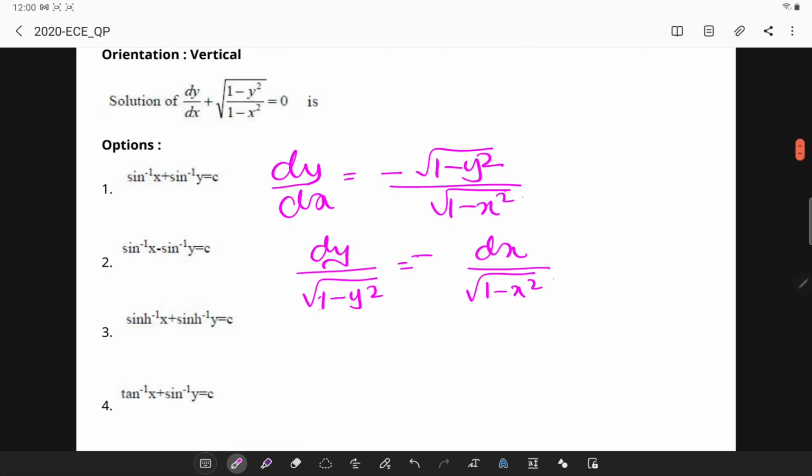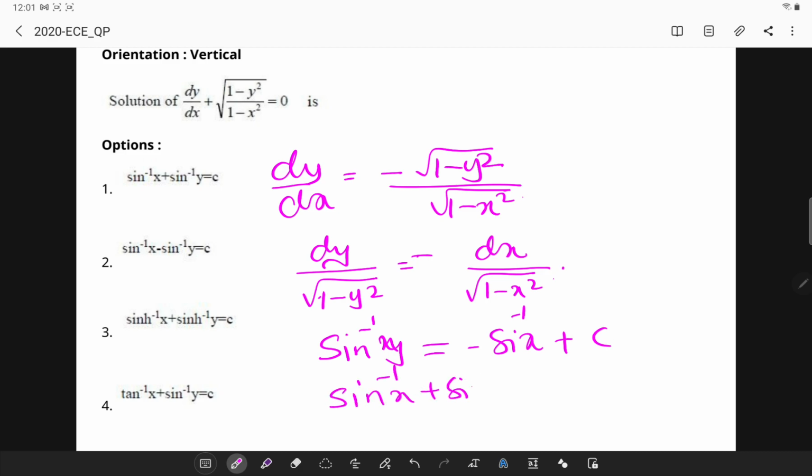So simply this is of the form sin inverse y is equal to minus sin inverse x plus c, or I can write sin inverse x plus sin inverse y is equal to c.